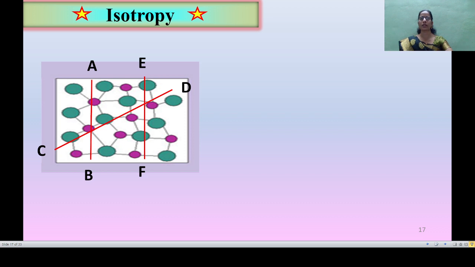And due to this, if you measure physical properties of such solids, like refractive index, conductivity, or thermal expansion, you will observe that their magnitude is the same when measured in all directions. And such a property, showing similar or identical magnitude of physical properties when measured in different directions, is called isotropy.